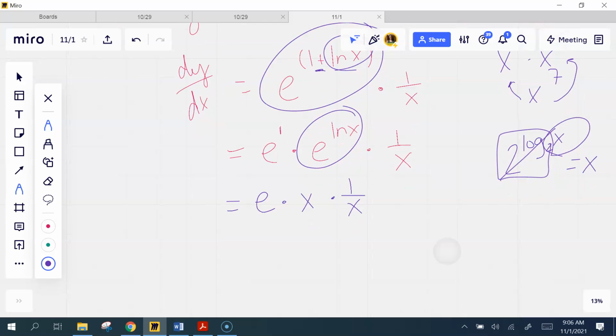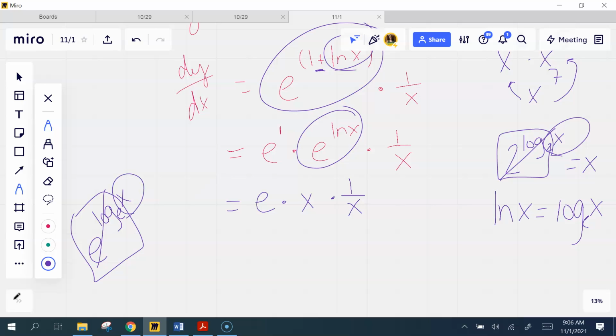Well, the natural log is log base e. What other x? When did that ever happen? It's an e and an x. How do you cancel the e out like that? So if I have e to the log base e of x, all of this would cancel and just leave me with the x.